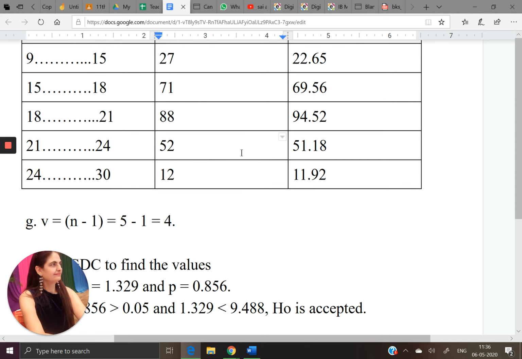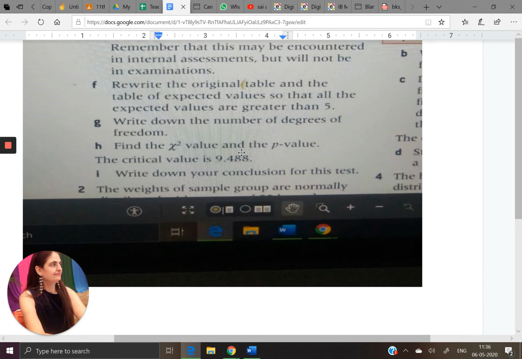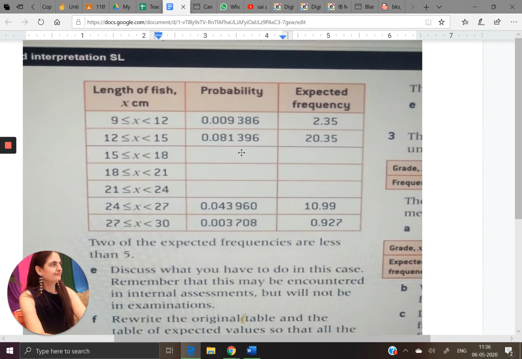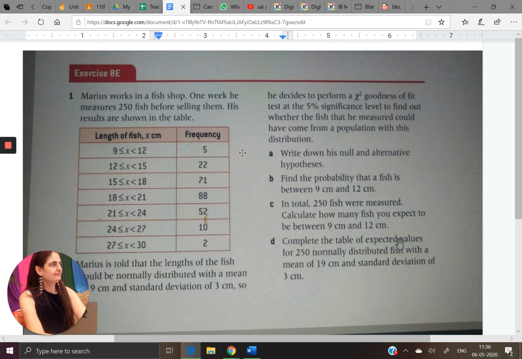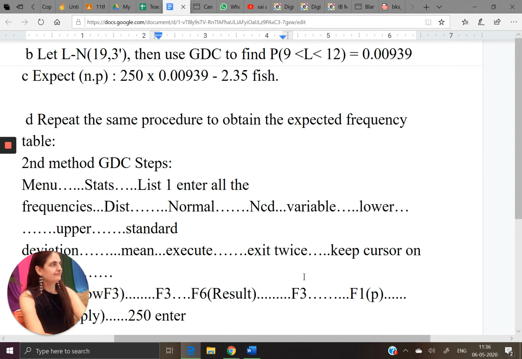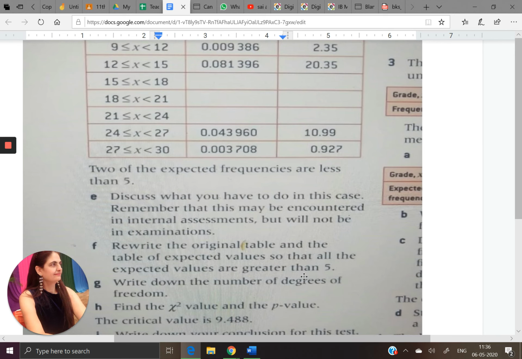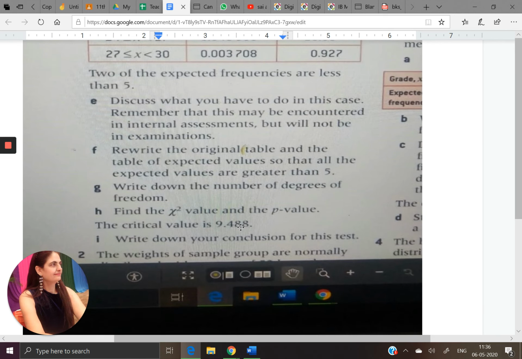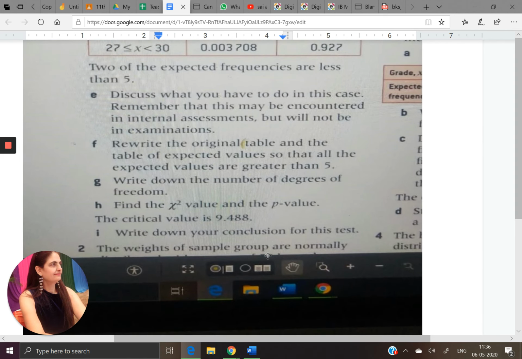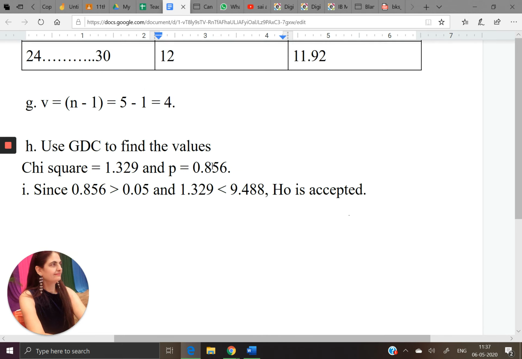They are giving you a 5% significance level in the question. Here in the initial stages, they told us chi-square goodness of fit test at 5% significance value. So I will use 5%, I'll convert it into 0.05. And here they have also given us the critical value, which is 9.488. So probability 0.856 is greater than 5%, which is 0.05.